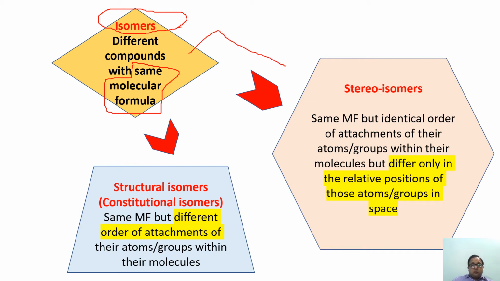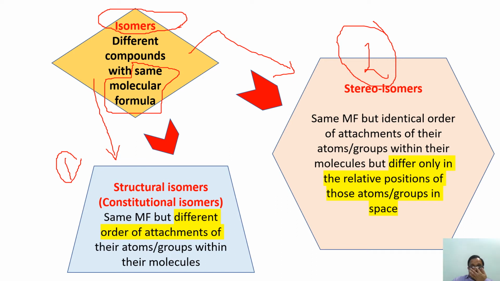Isomers can be categorized into two categories. The first one is called structural isomers, which are also known as constitutional isomers. The second one is stereoisomers.